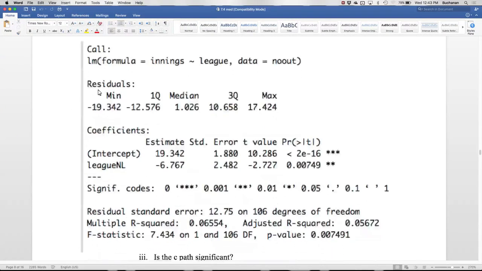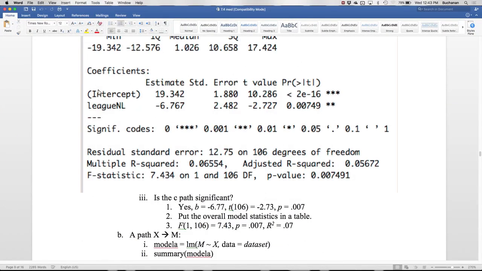So, does X predict Y? Yes, because this is an example. So our B value is negative 6.77. We're going to talk about how to interpret these in a minute. But I would say that league, negative 6.77. Remember, our T value is going to have 106 degrees of freedom.